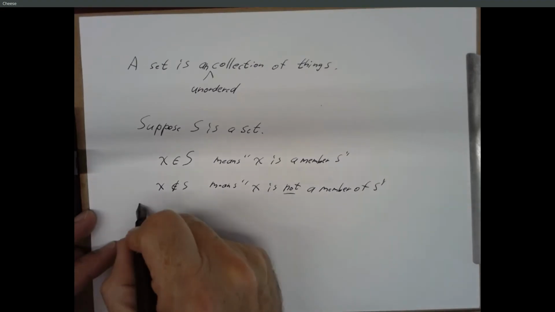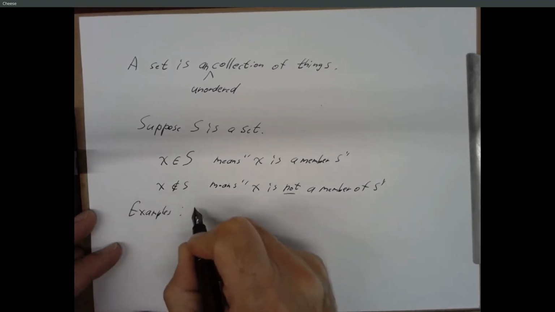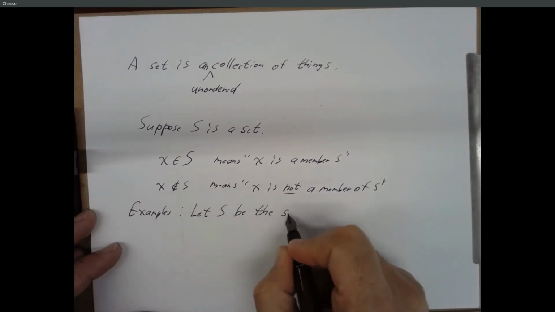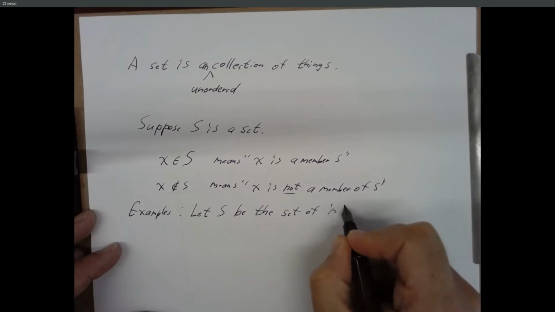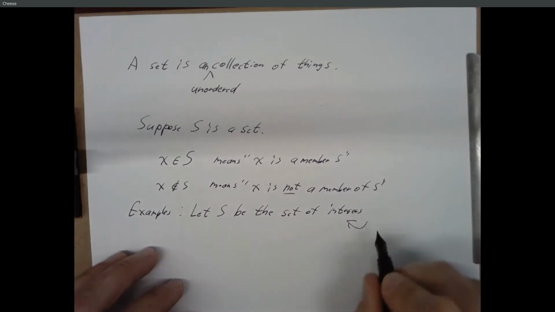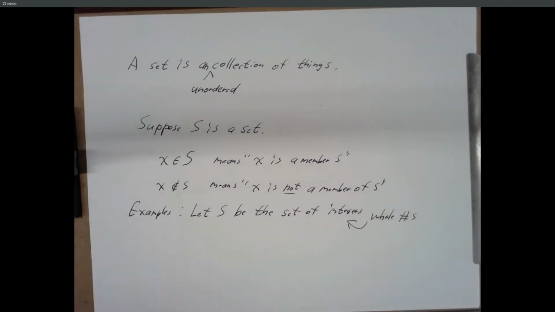So examples. Let S be the set of integers. So integers are just whole numbers. It's mostly what we work with in this course. Sometimes we'll work with real numbers, but mostly we're going to work with integers or small sets of integers. So S might be the set of all integers.